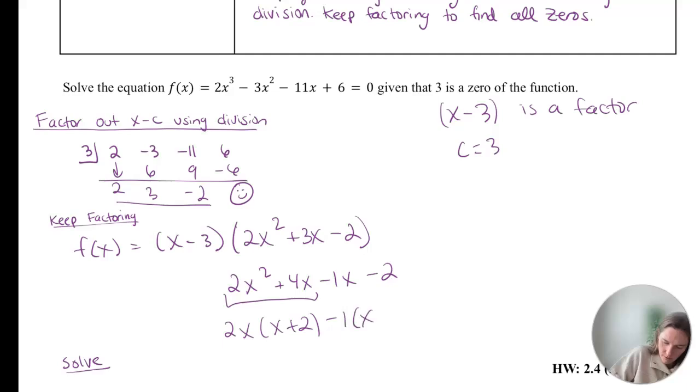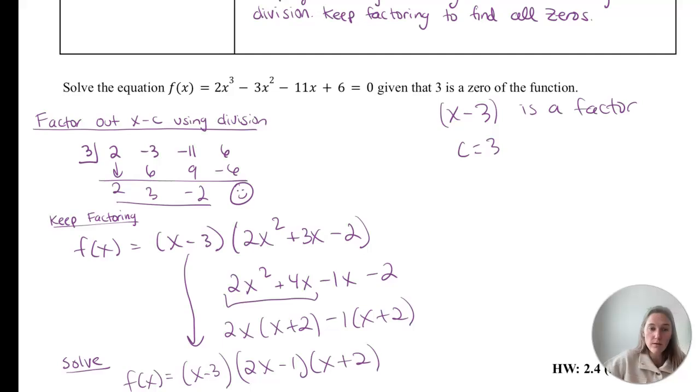Factor out a negative 1. And so we get 2x minus 1 and x plus 2. And then we can bring down this other factor in front. So now we've fully factored this polynomial.